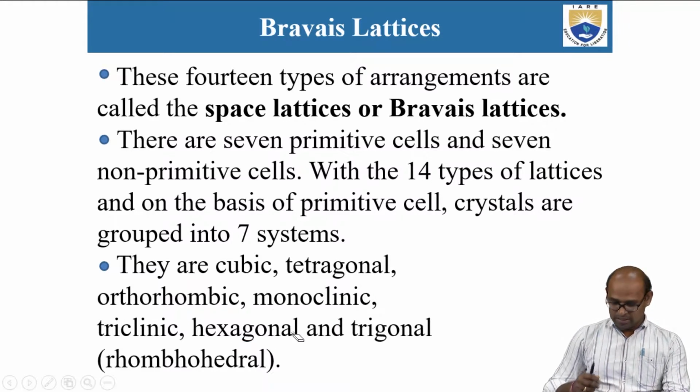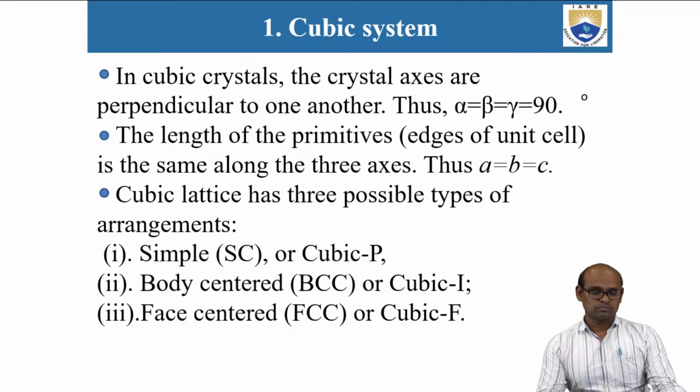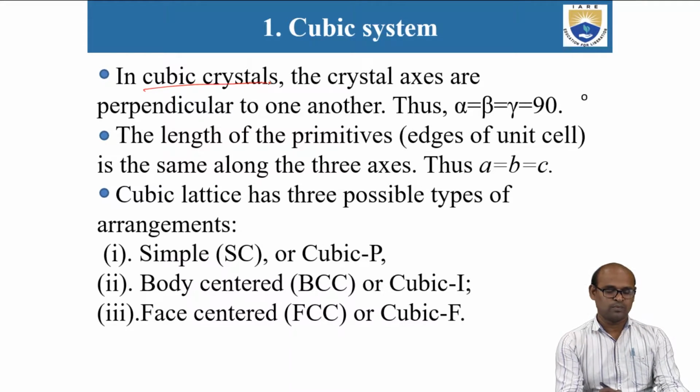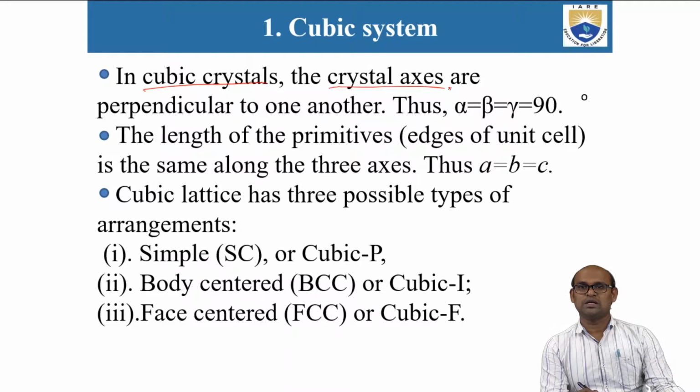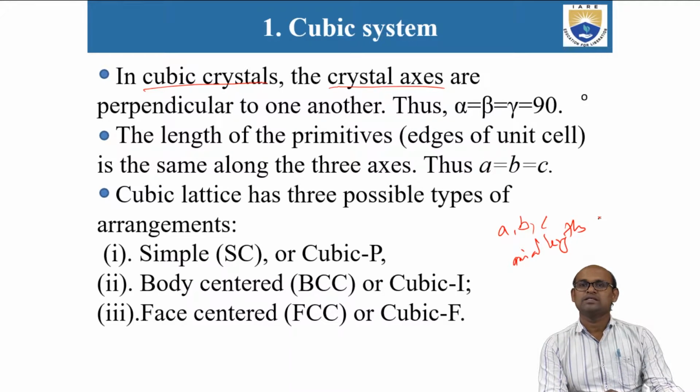Now let us discuss these crystal systems in detail, starting with the cubic crystal system. In cubic crystals, the crystal axes are perpendicular to one another. In a cubic crystal, we know that there are A, B, and C. These are called crystal axes or axial lengths.